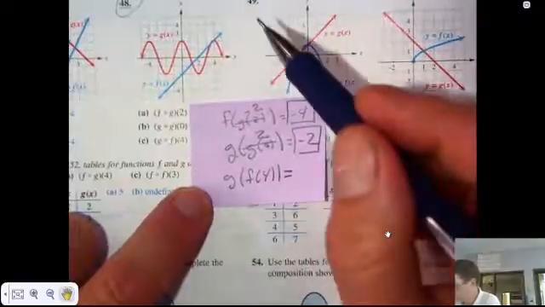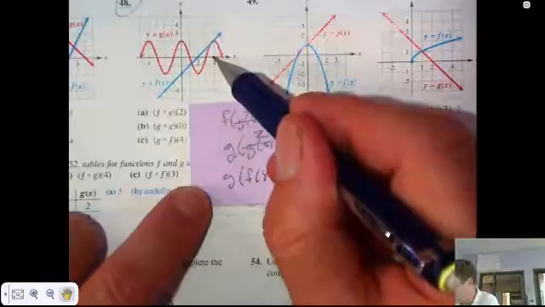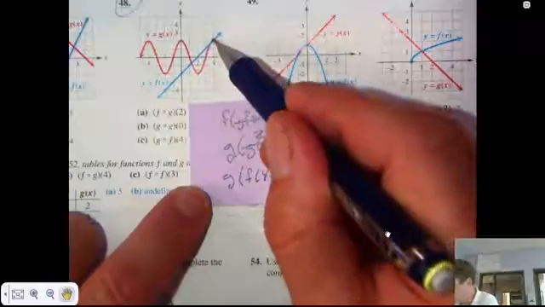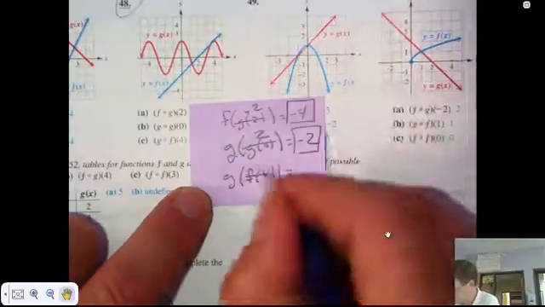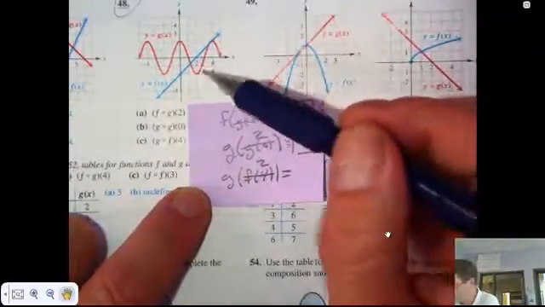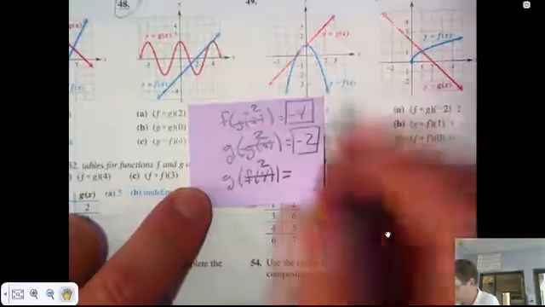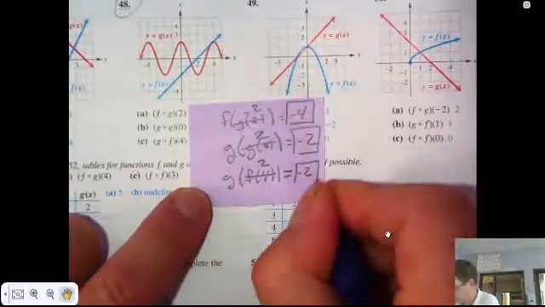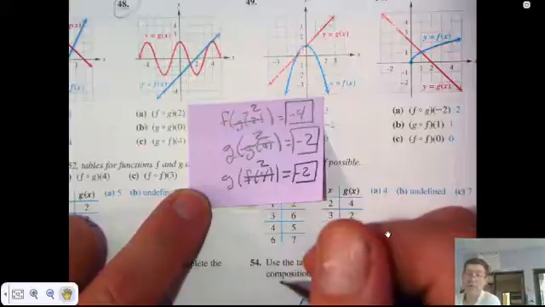When x is 4, f is right here, which is 2. G of 2, we did that before, right? Same as g of 2 is negative 2, like the last one. That's it. That's all there is to those, right? And you have to do those on the assignment.